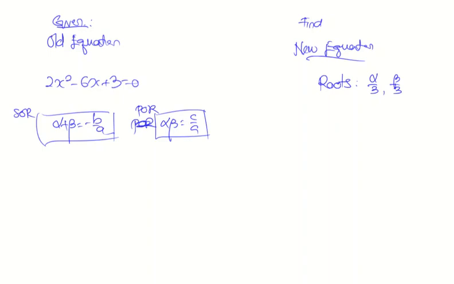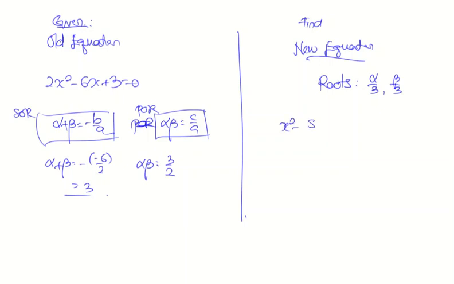This formula and this formula, sum of root, product of root, like this. Okay, let me show you how to do this question. Alpha plus beta is -b/a. That will be 3. Alpha times beta is c/a. Okay, new equation is x squared minus sum of root x plus product of root equals to 0.